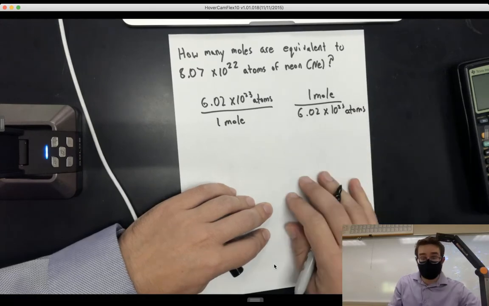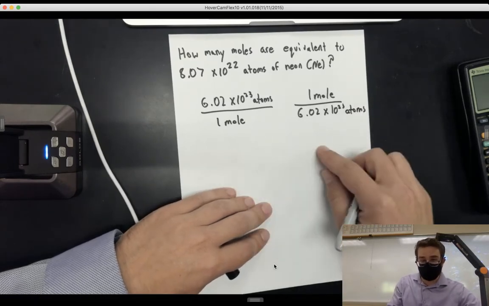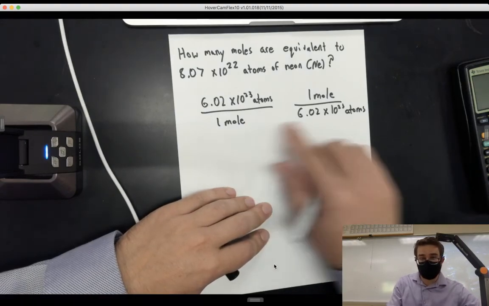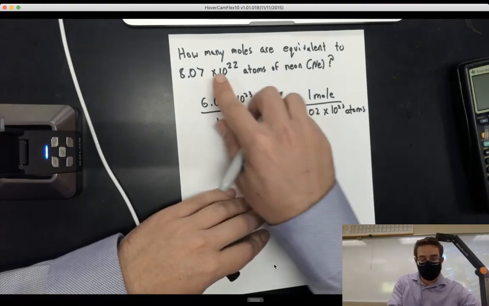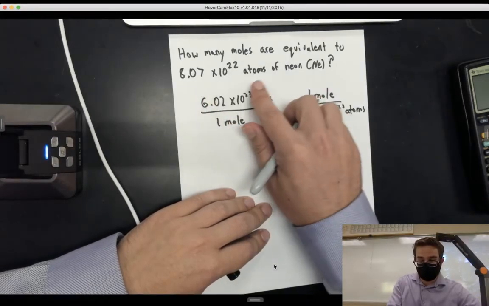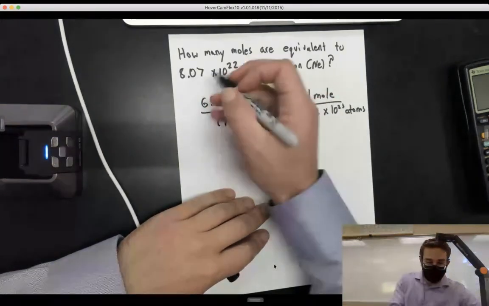The direction that we're going in, either atoms to moles or moles to atoms, determines which of these we choose. In this case, we're asked how many moles are equivalent to 8.07 times 10 to the 22 atoms of neon. This is our given.